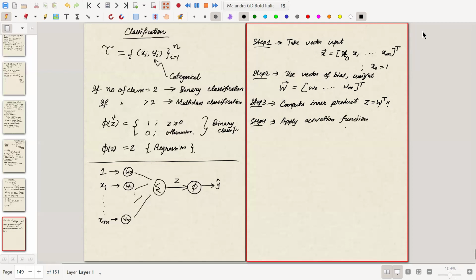You will get phi of z, and we are just assigning it to y hat, for a regression problem or classification problem. Good. So this W transpose x, I can write in a simpler way. How? Summation of Wi xi, isn't it?